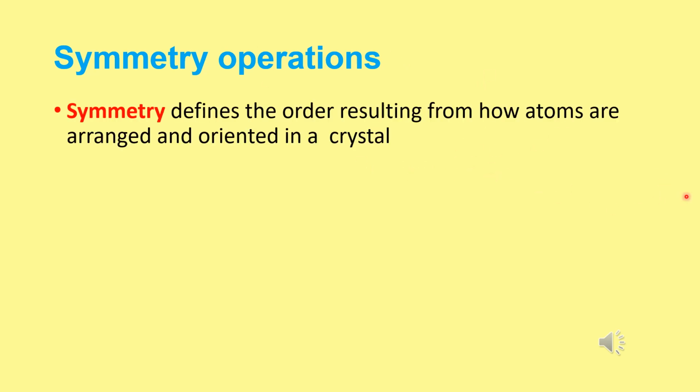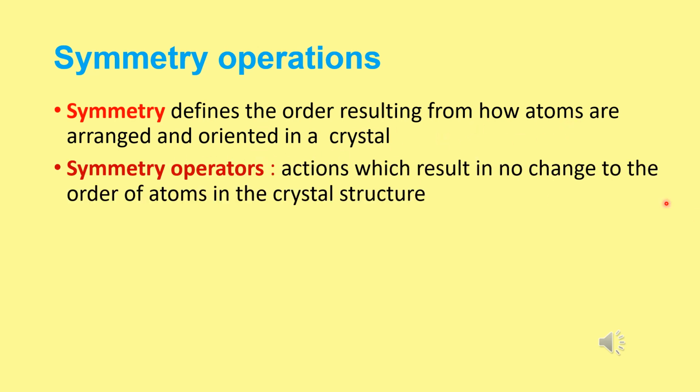Now we will discuss symmetry operations, which are important to understand the crystal structure. Symmetry defines the order in which atoms are arranged and oriented in a crystal. Symmetry operators result in no change to the order of atoms in the crystal structure.